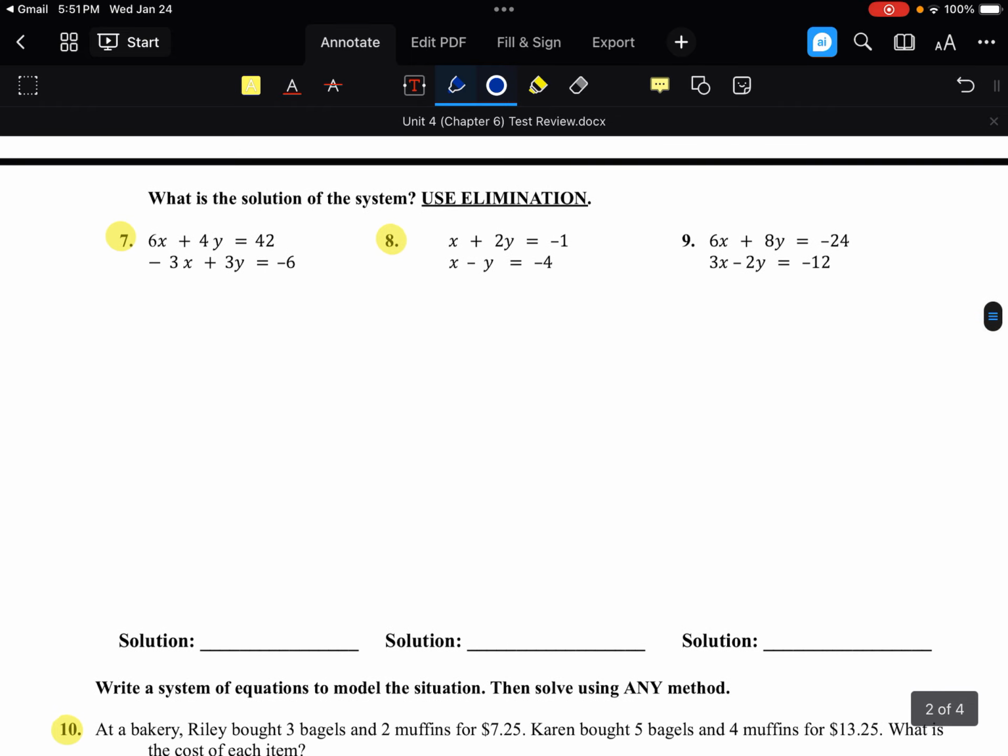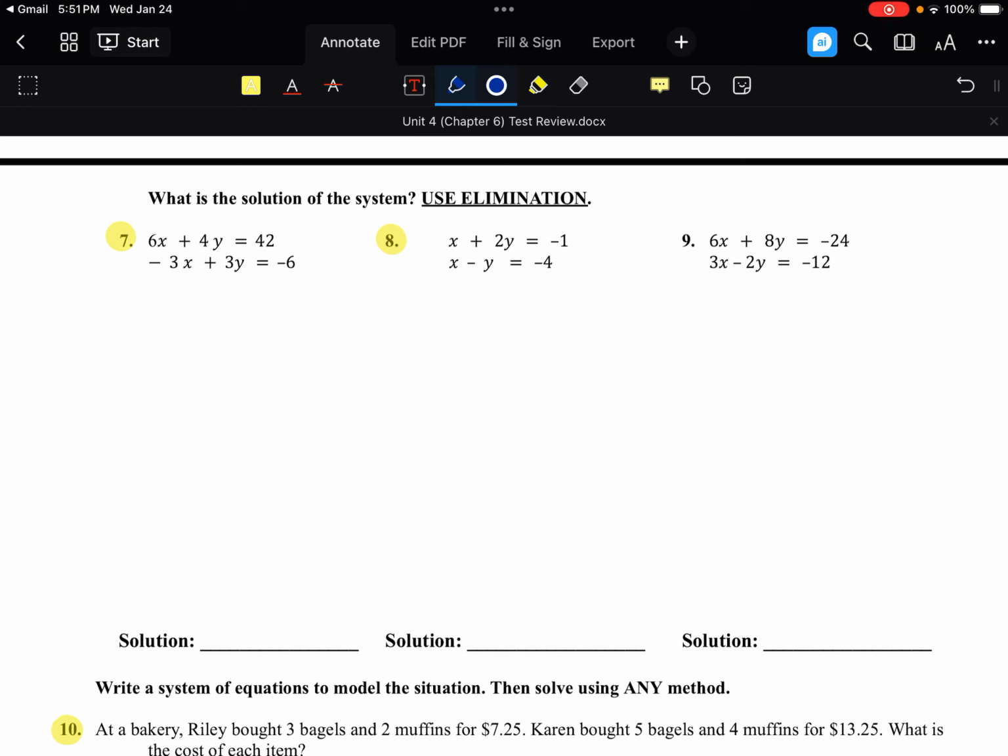In the next set, we're talking about using elimination. So elimination, remember the key here is that when you combine straight down, one of the variables should cancel out or zero out. If it doesn't, then that means you have to multiply one or more of your equations by something to change them. So in the first problem here, question 7, I've got 6x plus 4y equals 42.